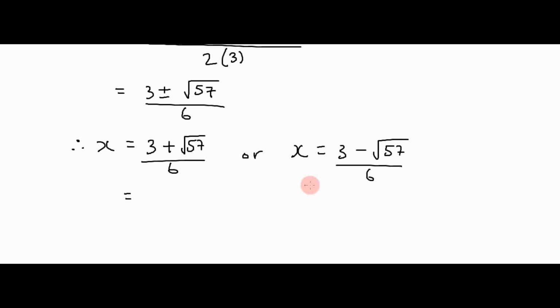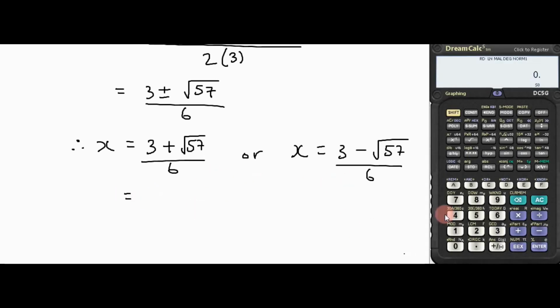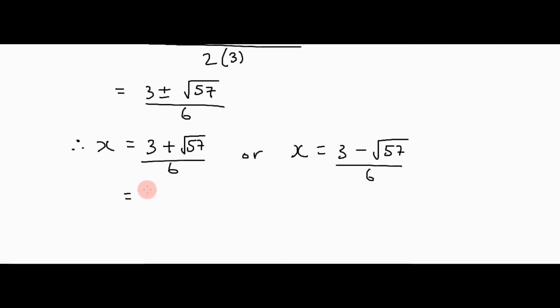We can work out these on a calculator. So 3 plus the square root of 57, then divided by 6. And it's 1,76 correct to 2 decimal places. So 1,76.